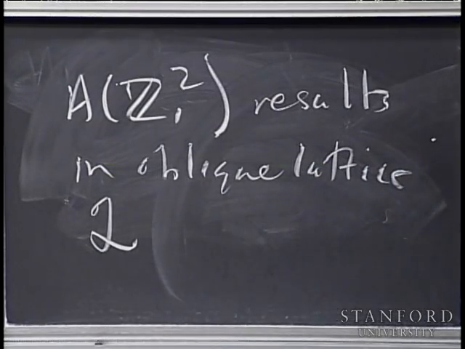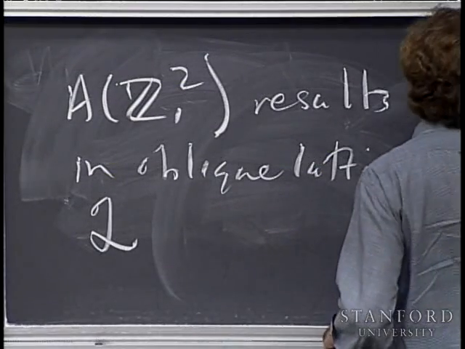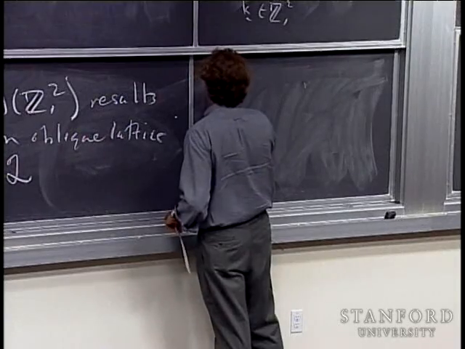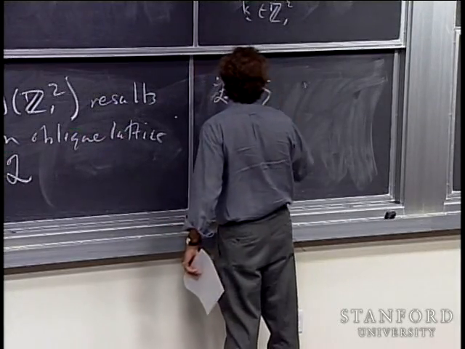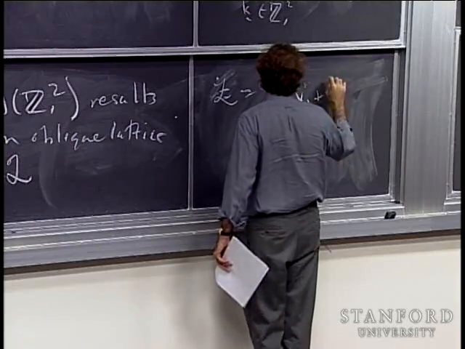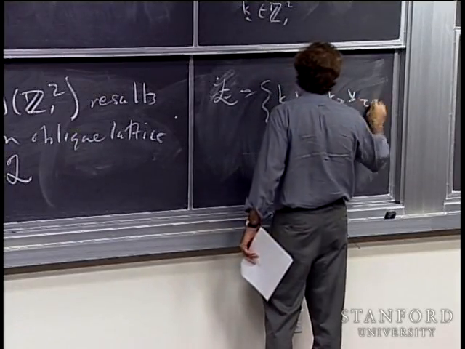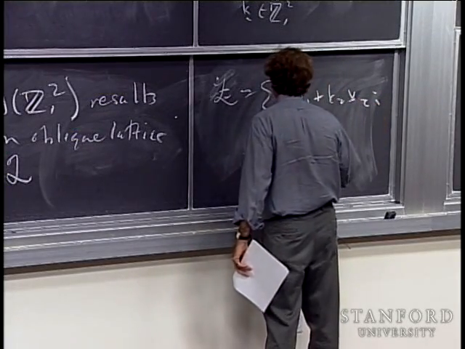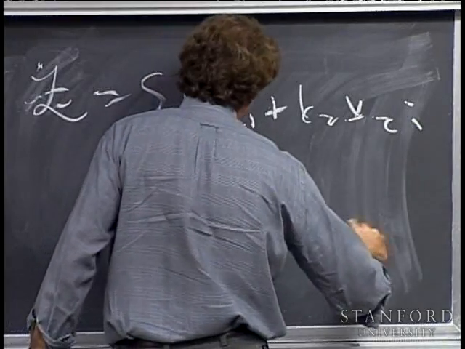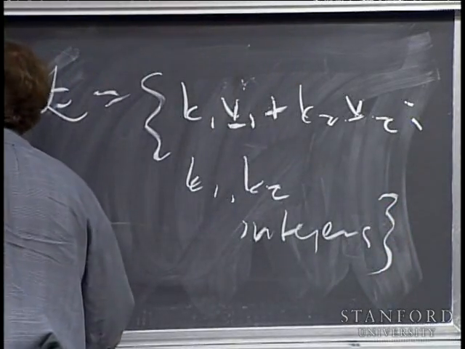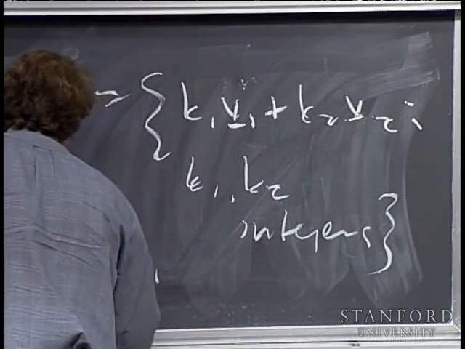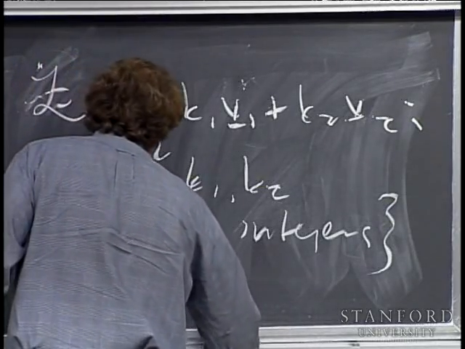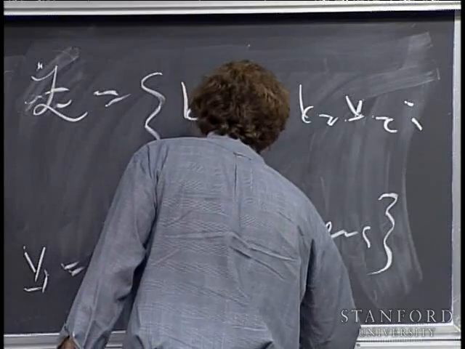And the points in L are combinations of the basis vectors, k1 times v1 plus k2 times v2, where k1 and k2 are integers. And here v1, say, is A of e1, and v2 is A of e2. Okay?